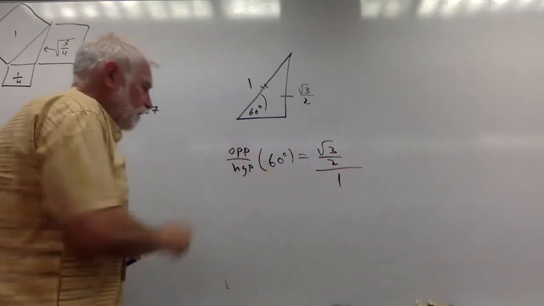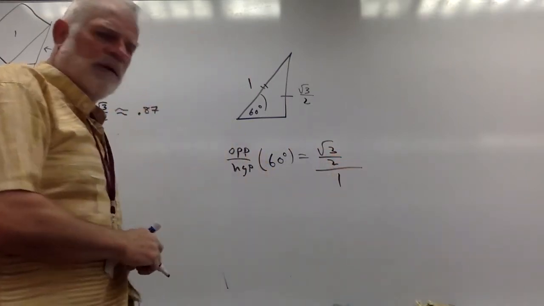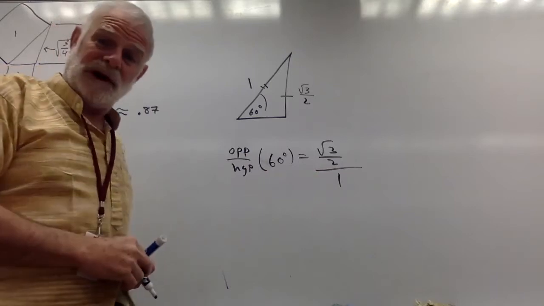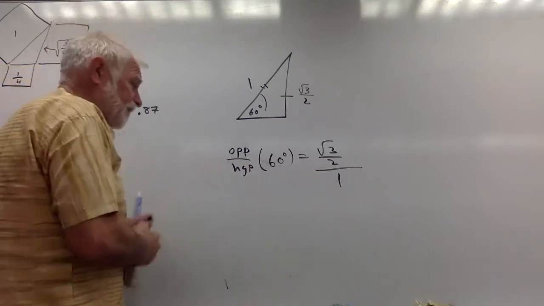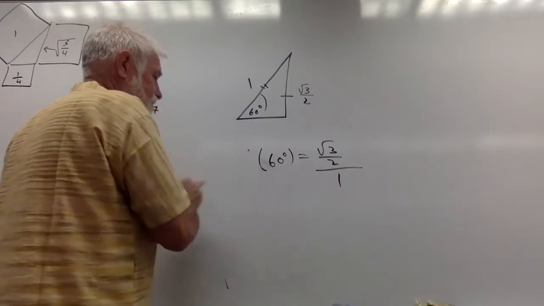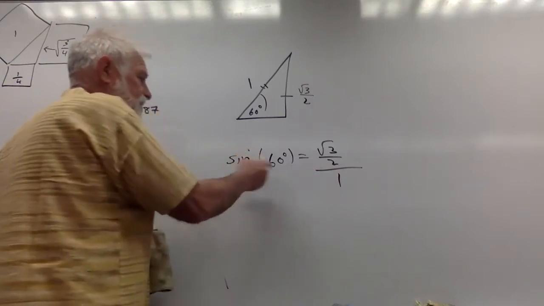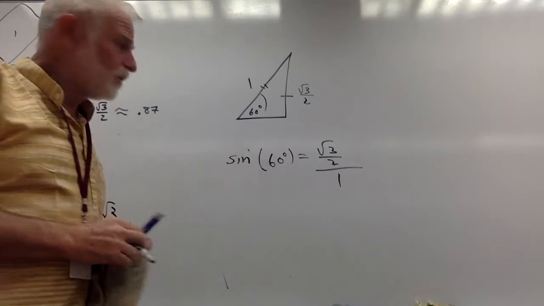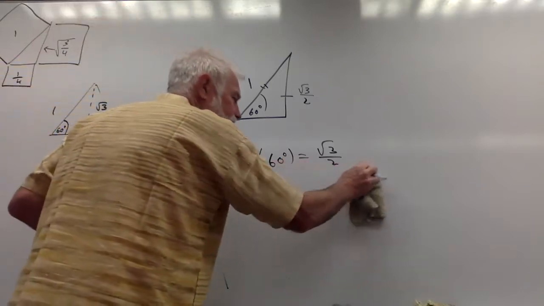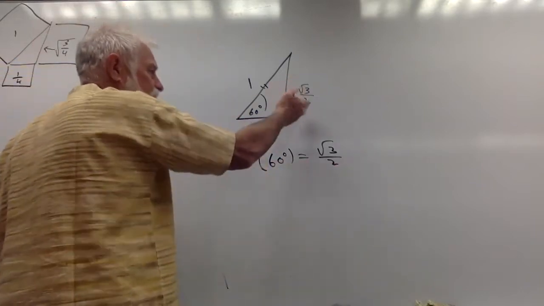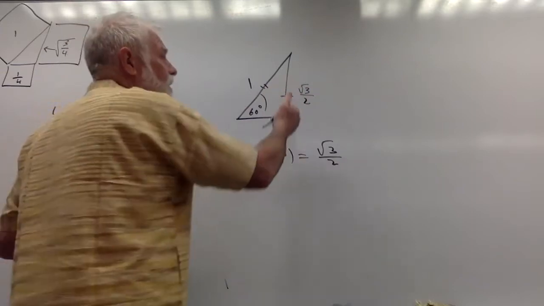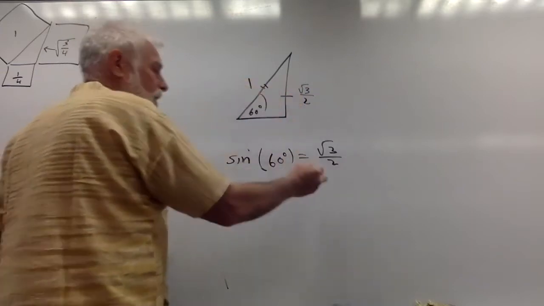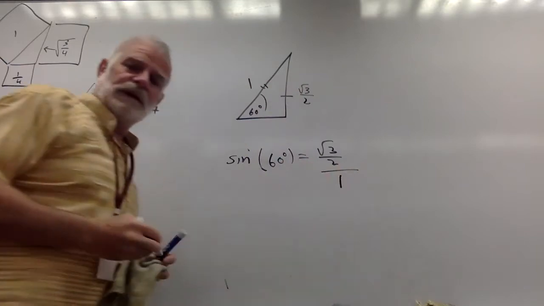Oh, you know what? I don't think I've ever seen that in a text, opposite over hypotenuse, because that's not what we call it. We call it the sine function. So the sine of 60 degrees is √3/2, because we don't really need to divide by 1. It's really in the unit circle, which I'm going to create in a moment. I'll keep it there for now, because you're just learning the definitions.